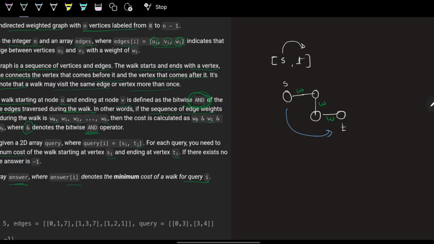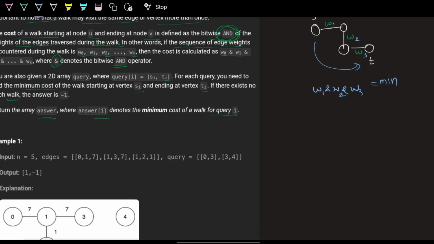Makes sense? So you have to find a path with minimum cost, such that w1 AND w2 AND w3, whatever the weights are, should be as minimum as possible, and we have to return it for this query, where the query represents s and t.